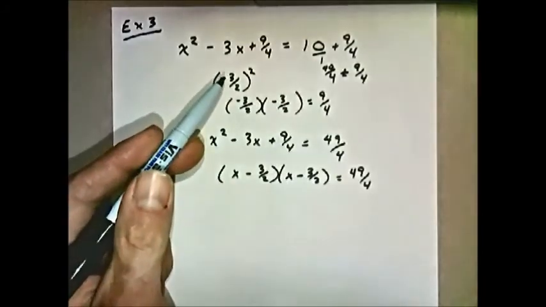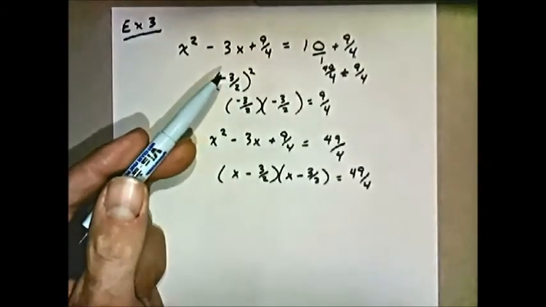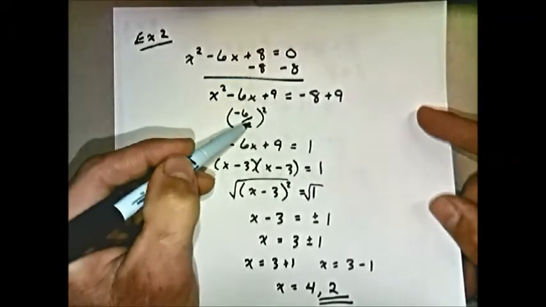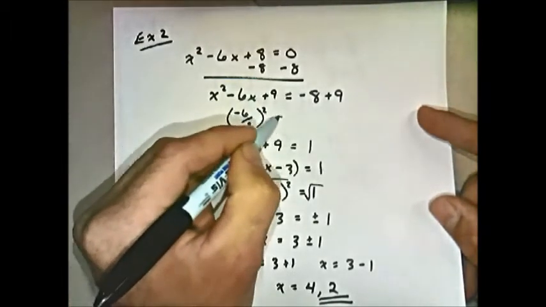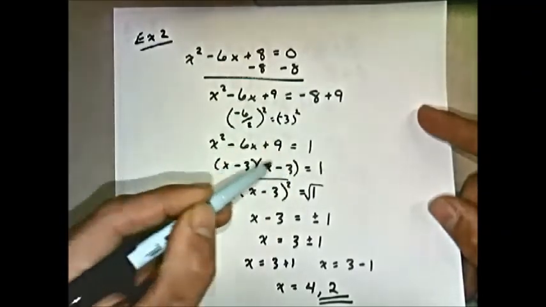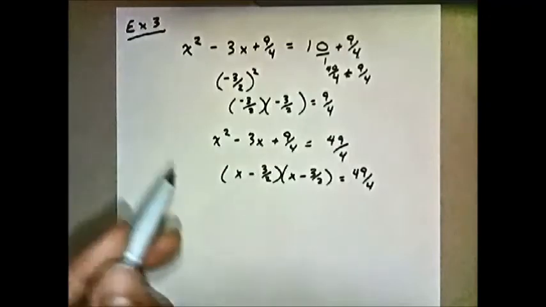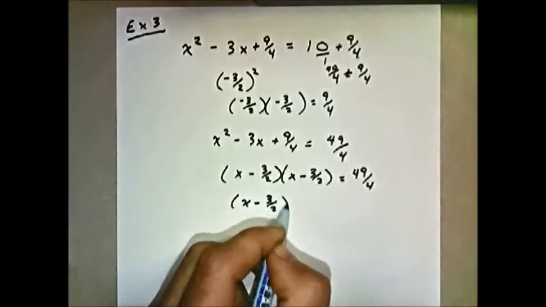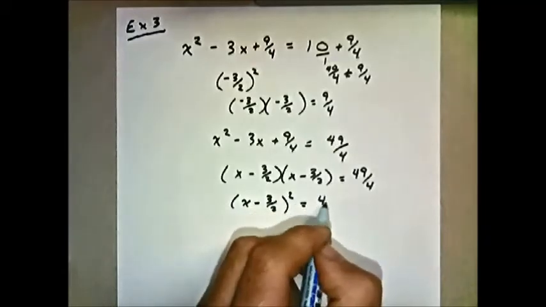It will always happen that way. If we go back to example 2, notice negative 6 divided by 2 was negative 3. And negative 3 is what we ended up with down here for our factorization. So we can write this as x minus 3 halves squared equals 49/4.